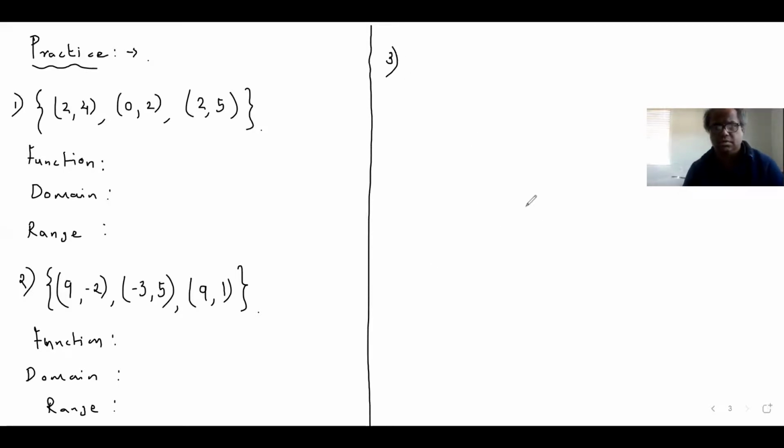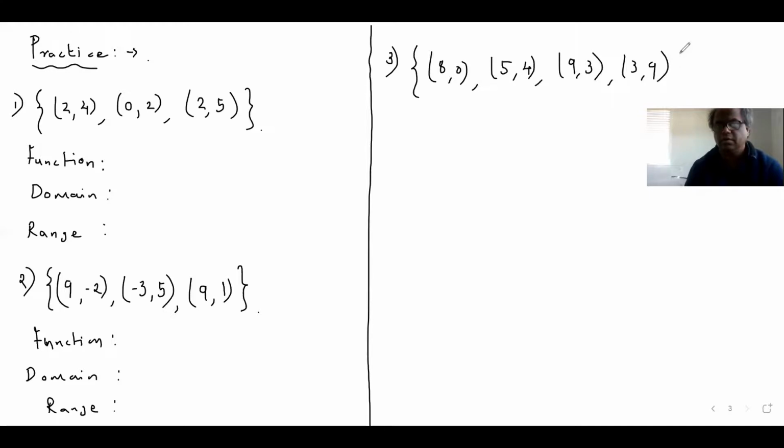And let's do another one: (0, 5), (4, 9), (3, 9). All right.